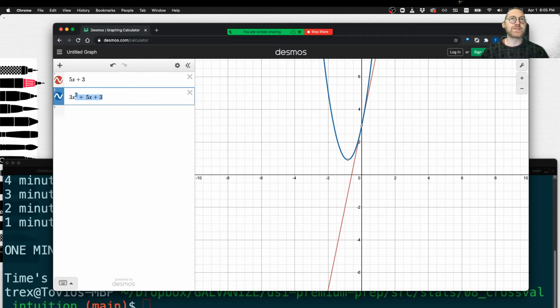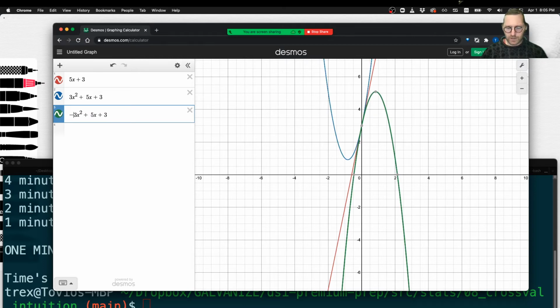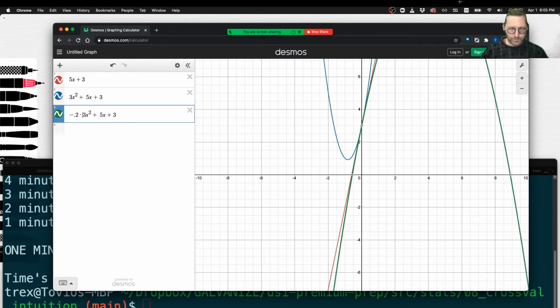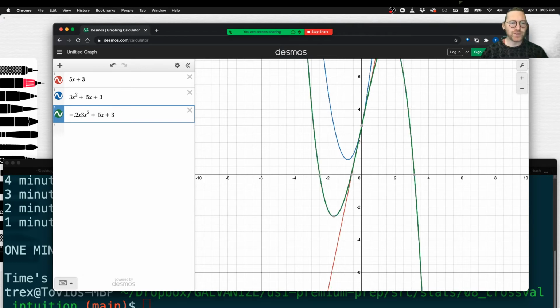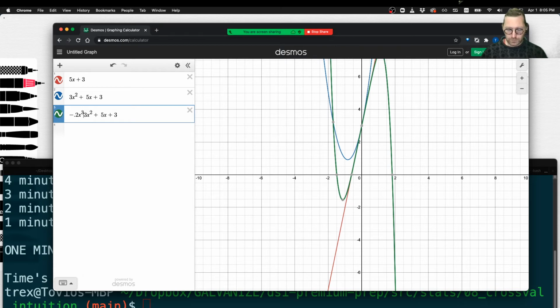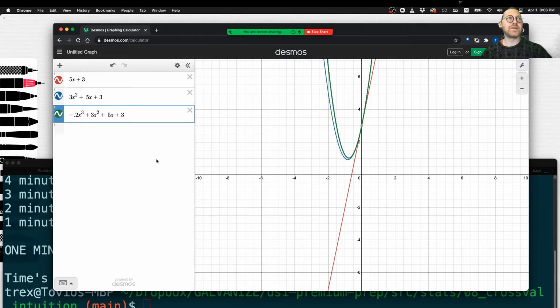And I'm going to continue in this fashion. And this next one is going to be negative 0.2x cubed plus 3x squared plus 5x plus 3. Notice those two aren't that different.